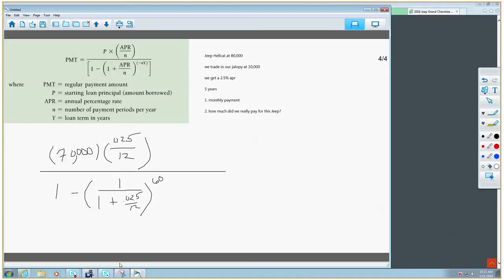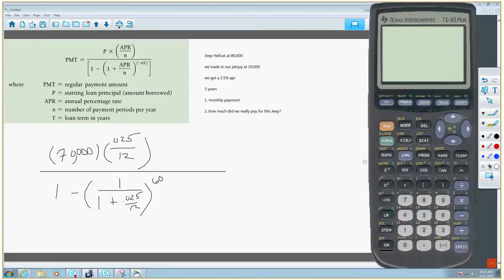So pull in your handy dandy calculator. That'll be 0.025 divided by 12. I'm going to store that as alpha F, for fraction.